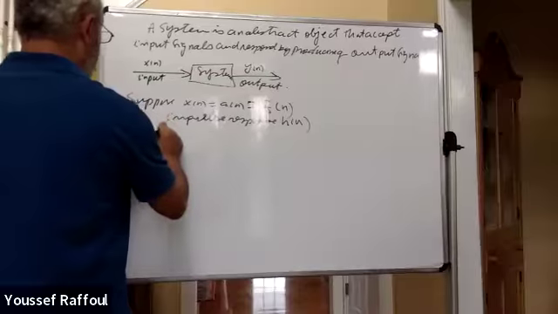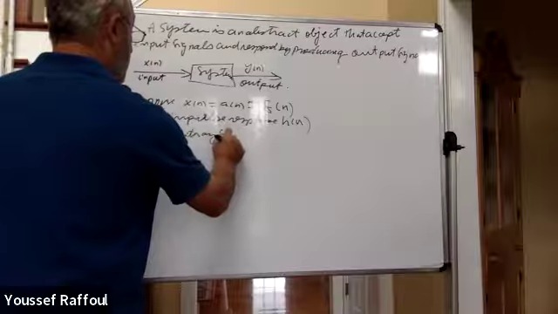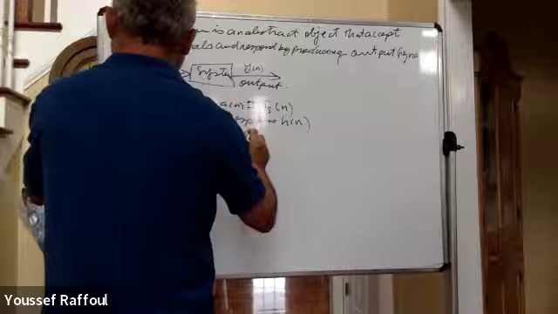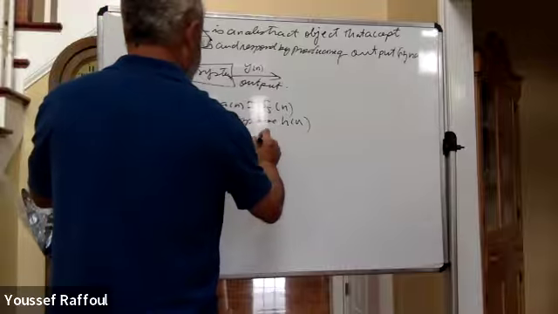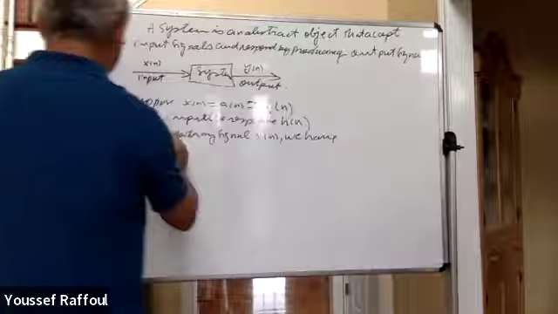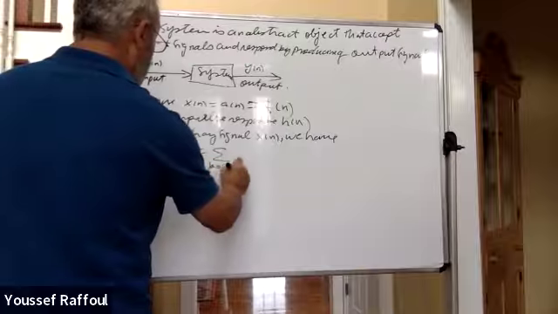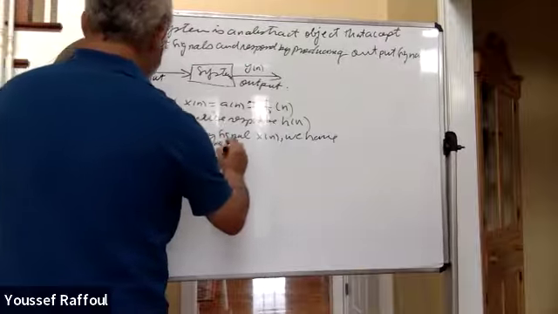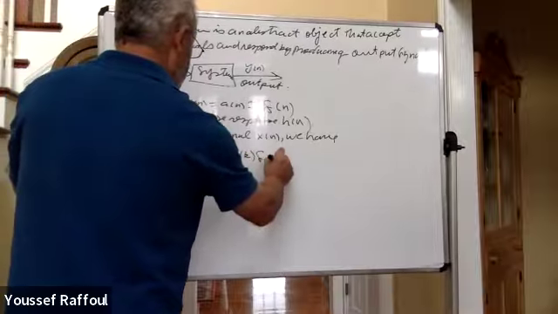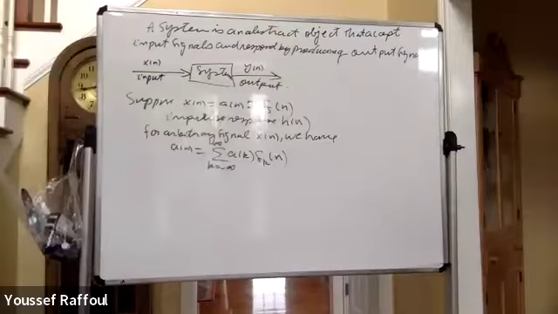So for an arbitrary signal x(n), we have, recall this, we did this, x(n) is the sum from k equals minus infinity to infinity of a_k delta_k(n). Remember how this is a shift.